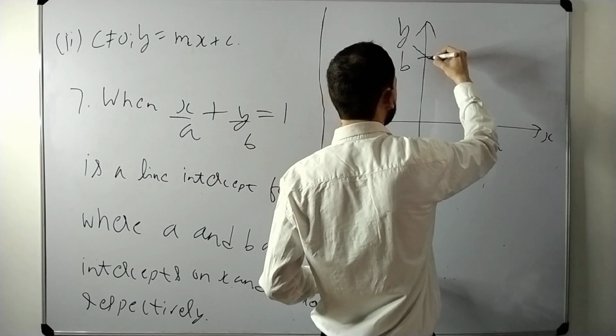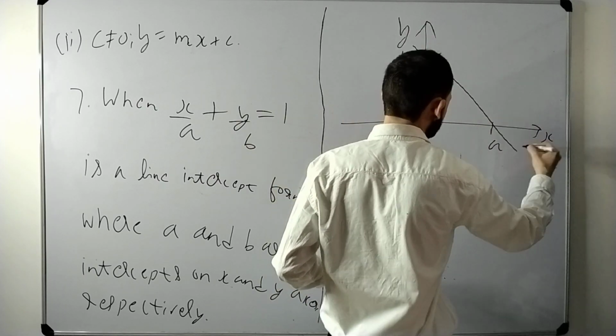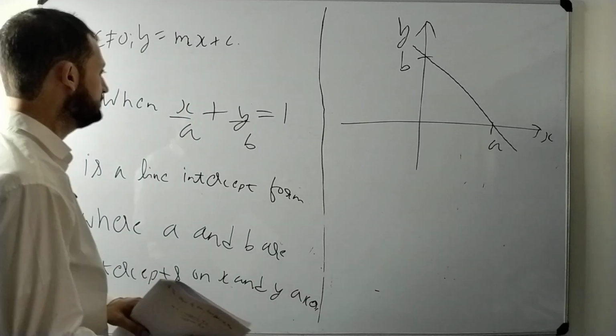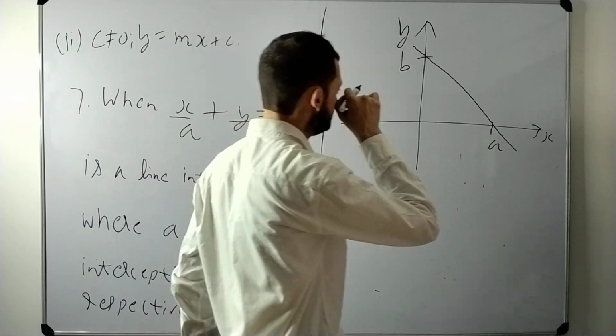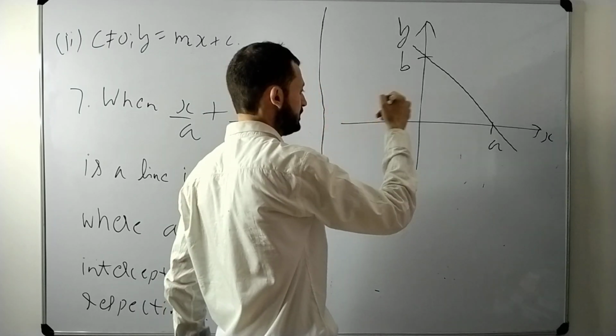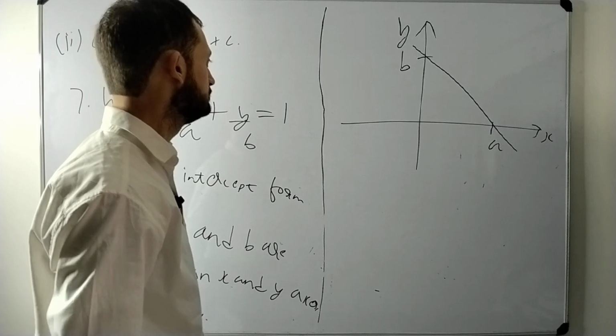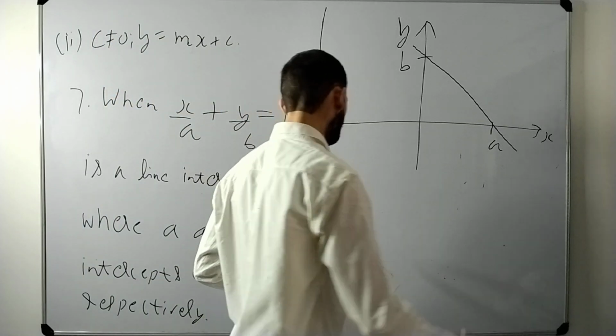This is actually the graph. Okay, students, so this is x and y, the x upon a plus y upon b form equal to 1.